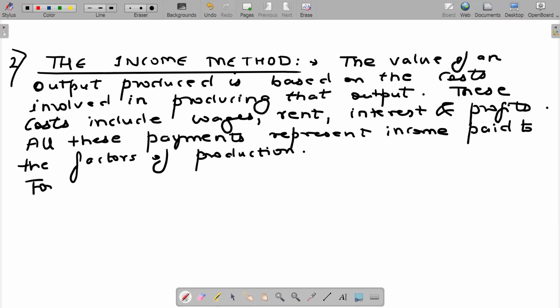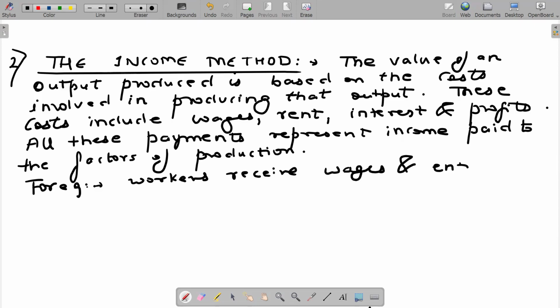For example, workers receive wages. And entrepreneurs receive profits.